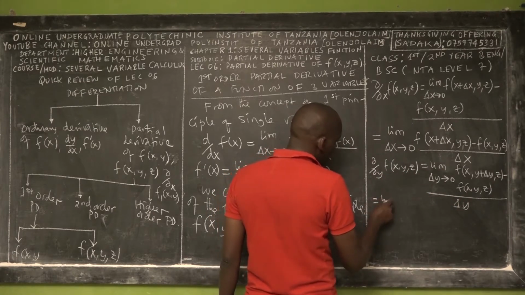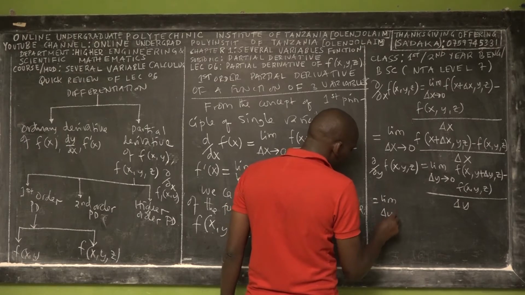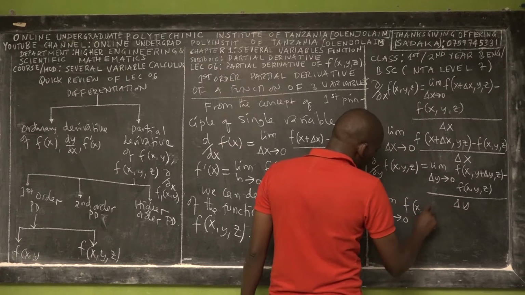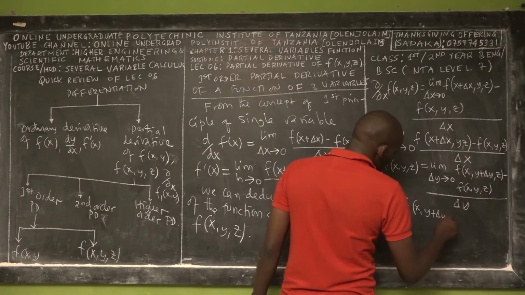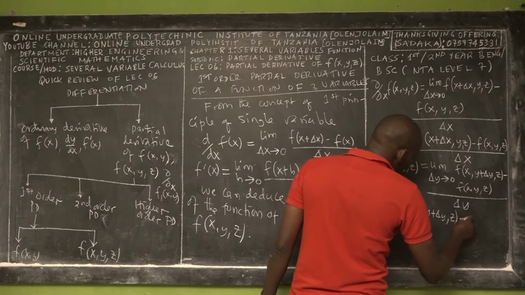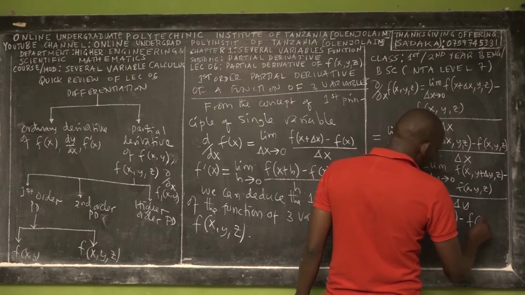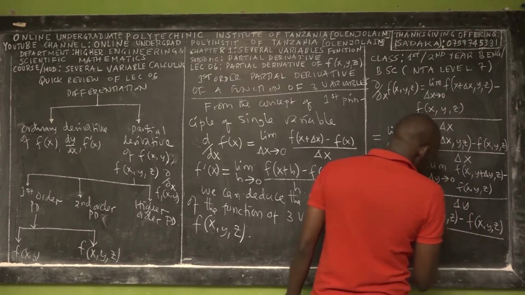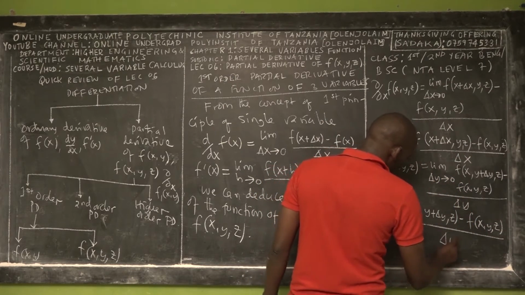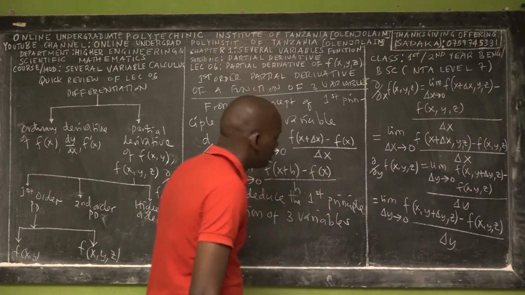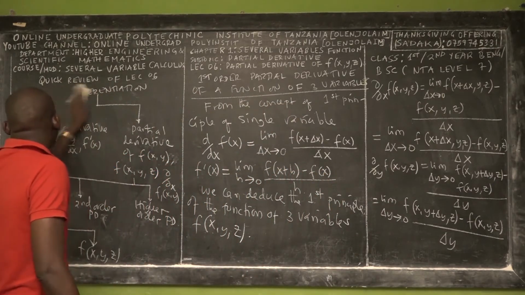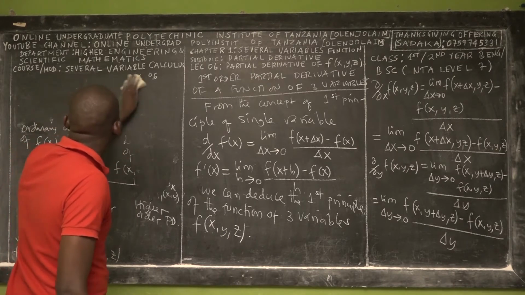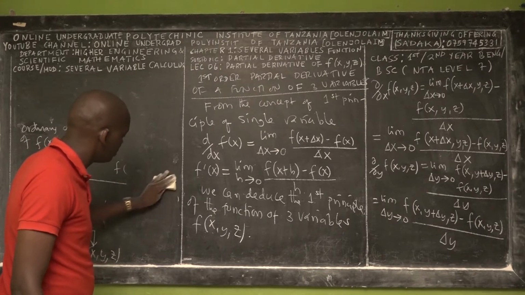To write it: the limit as small change in y approaches 0 of f(x, y plus small change in y, z) minus f(x, y, z), divided by small change in y. So these are the formulas of the first order derivative of the function of three variables.